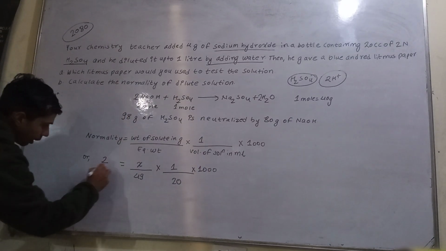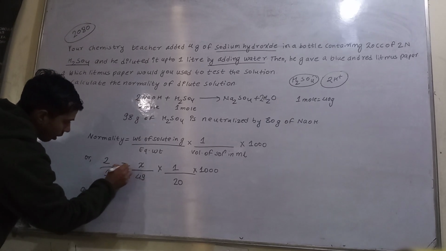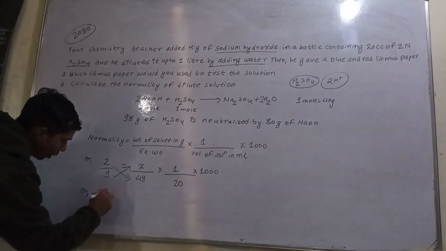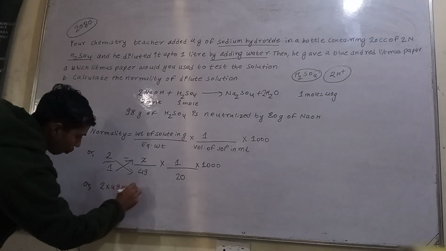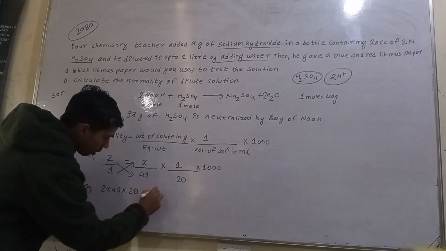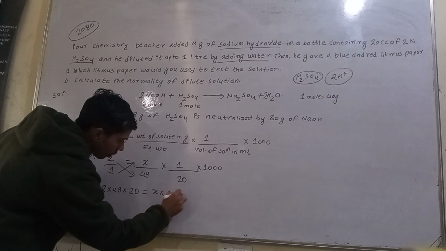Now we can do cross multiplication here. 49 into 20 equals X into 1000.